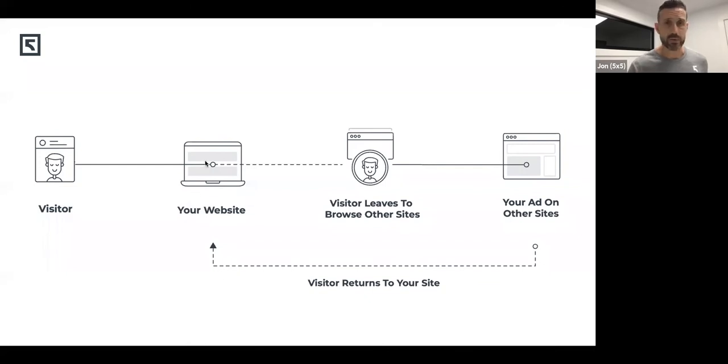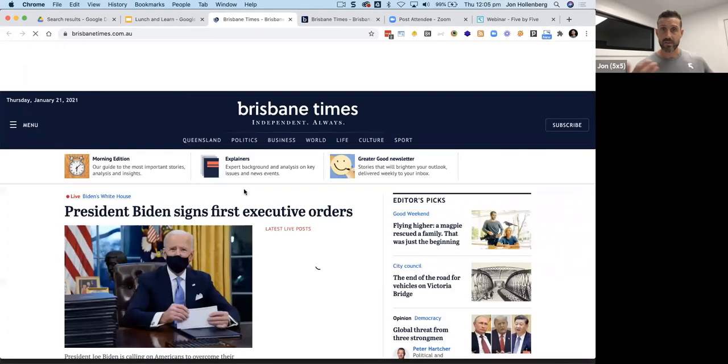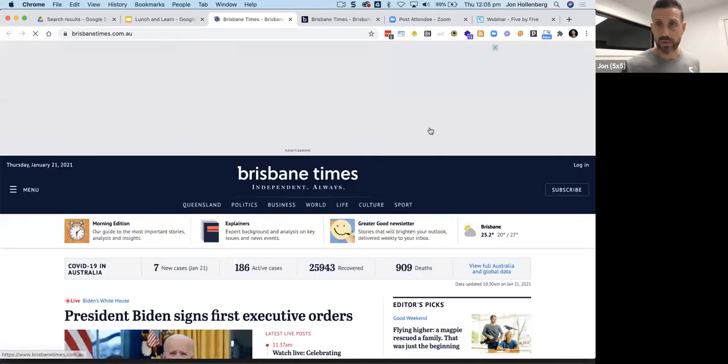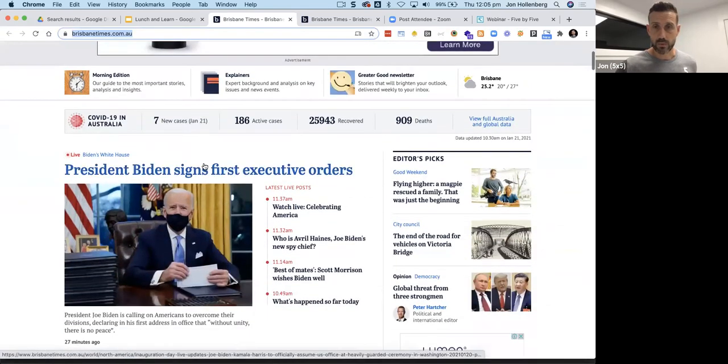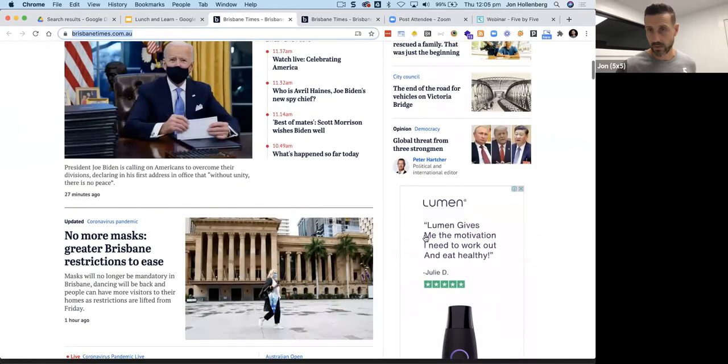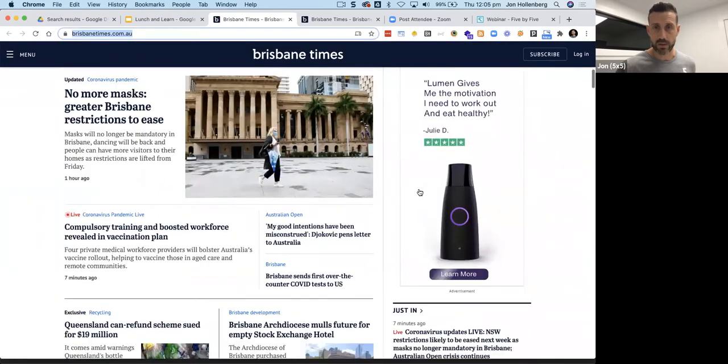Super, super powerful tool. To give you a physical example of a site where your banners could be displayed, this is a news-based publication, and you can see that throughout all the happy news in the world, there are a bunch of ads that are displayed. So we've got a big horizontal one. We've got what they call a skyscraper style one here.